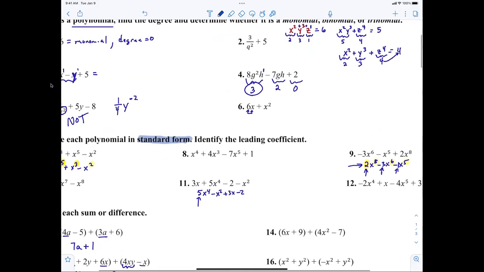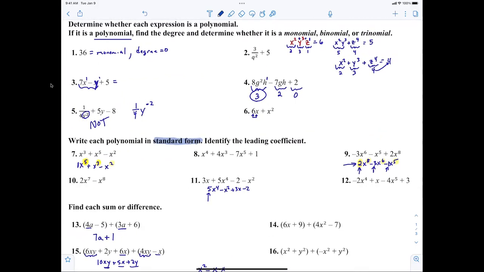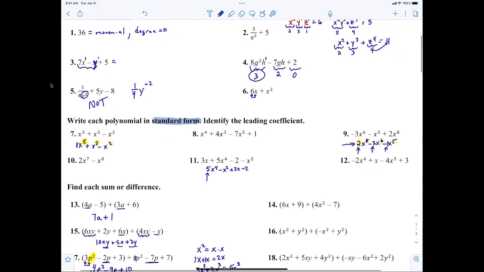It's called a binomial. The degree is 2. What's the matter? Nothing, you just explained it. You good? Yeah. Awesome.